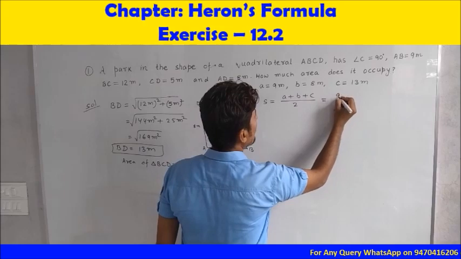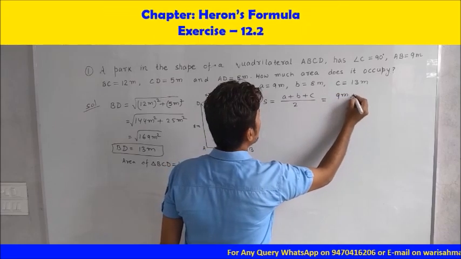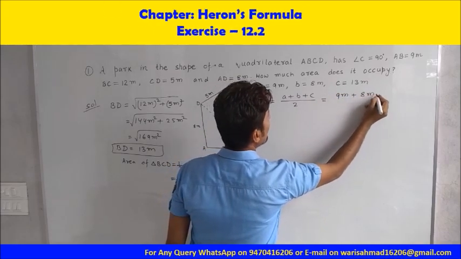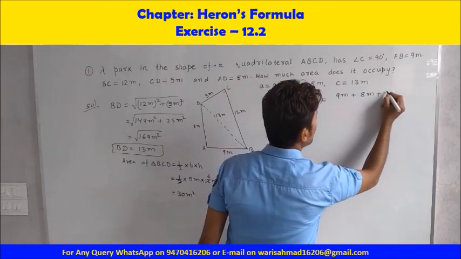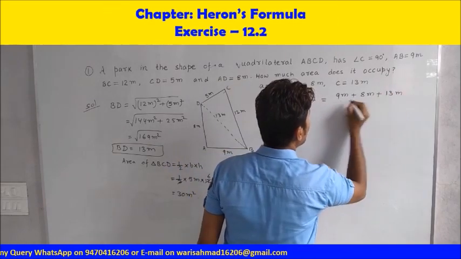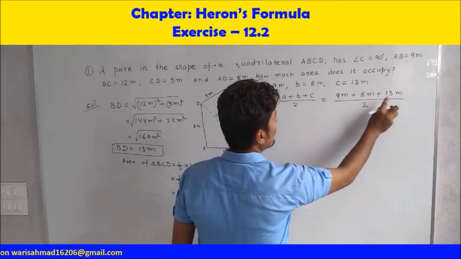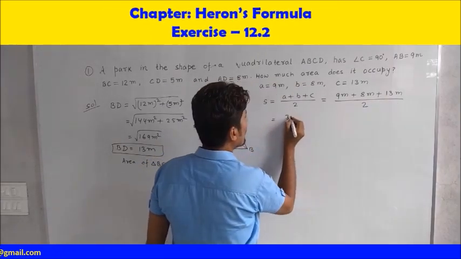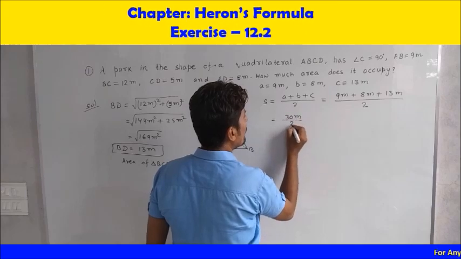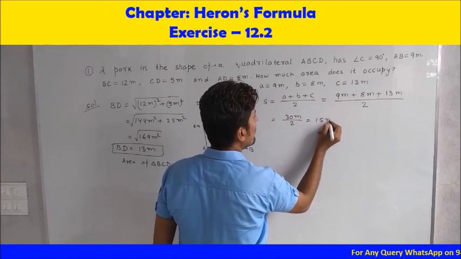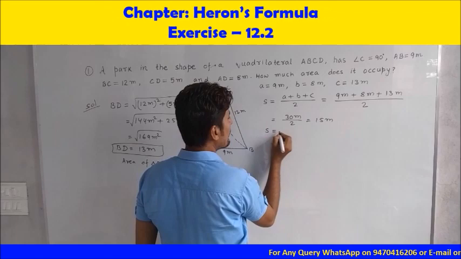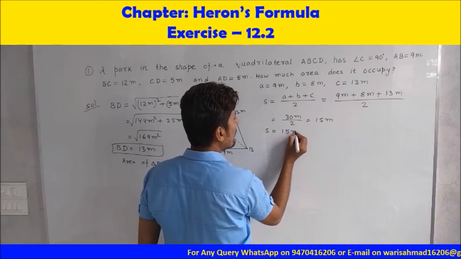Value of A we can write here 9 meter plus 8 meter plus 13 meter divided by 2. Then 30 meter divided by 2, or we can say 15 meter. So the value of S is equal to 15 meter.